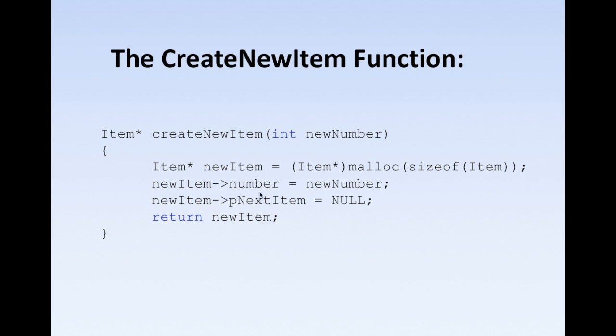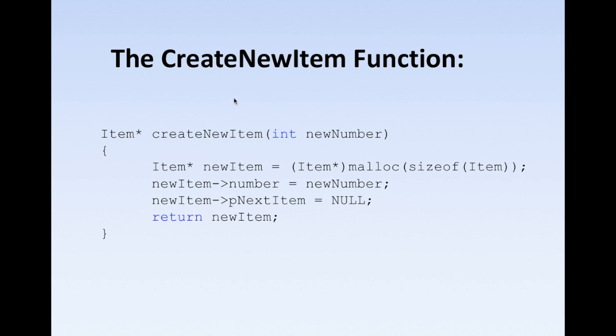So new item arrow number is equal to new number, which we pass to the function create new item. And the pointer is equal to null, because when we create an item, we don't set the pointer. We set the pointer whenever we push it to the queue.